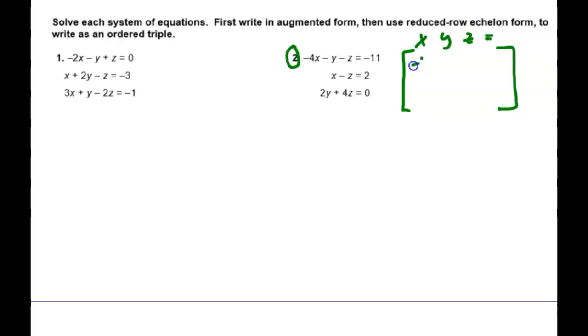So we got -4, -1, -1, and -11. The second one, be real careful, there's a 1x, but there's 0 y's, a -1 z, and a 2. Everybody okay? This should be the easiest thing all year. I keep telling you, don't make little mistakes. And the bottom line has what?